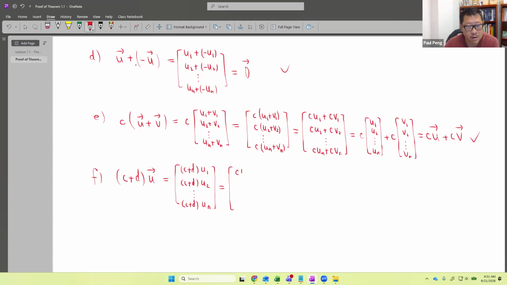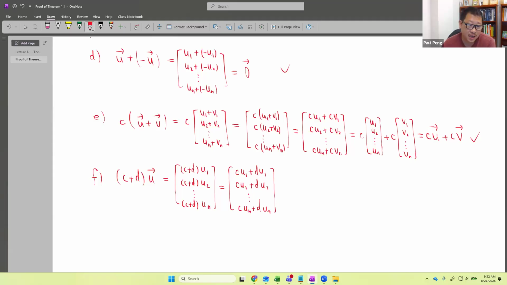We have C u1 plus D u1, C u2 plus D u2, goes up to C un plus D un. Can you see?